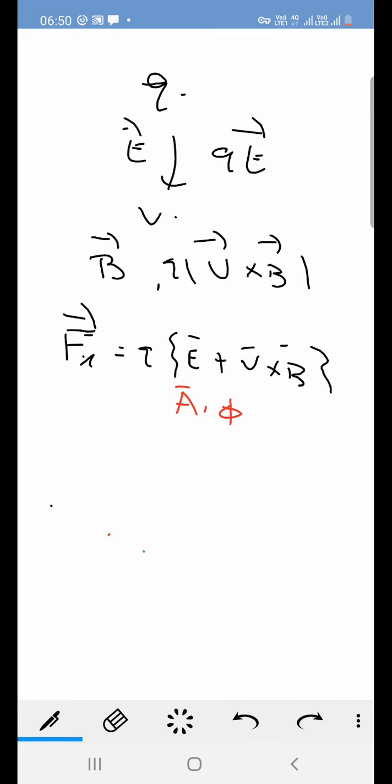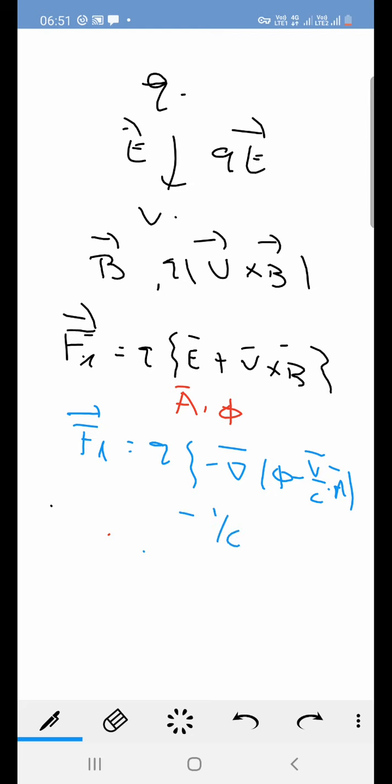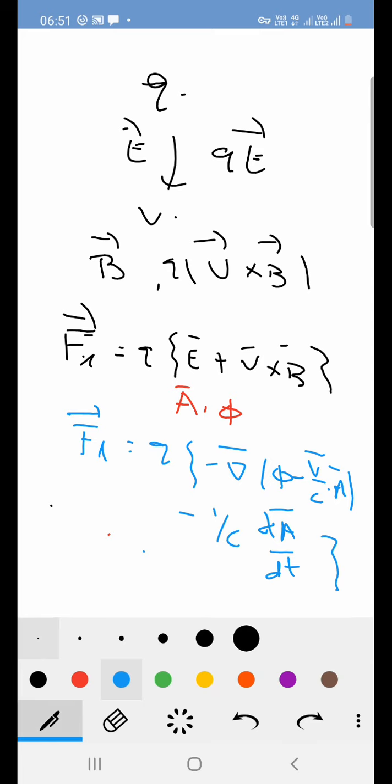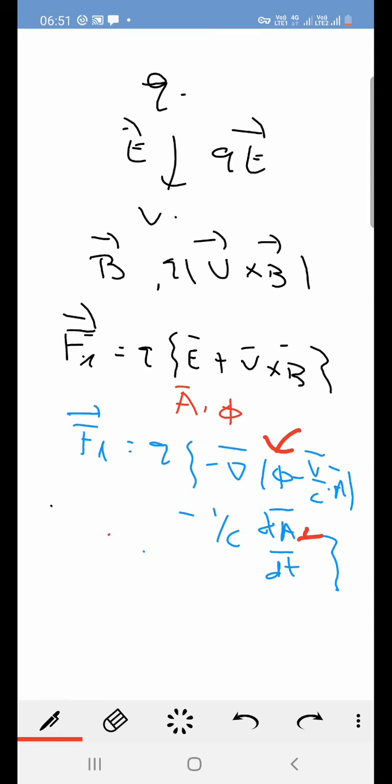In that case, we can write F_L is equal to, the charge remains the same, let's put it as Q, minus del phi minus 1 by c del A by del t plus v by c cross del cross A. This is how you can represent F_L in terms of the scalar potential phi and the vector potential A.